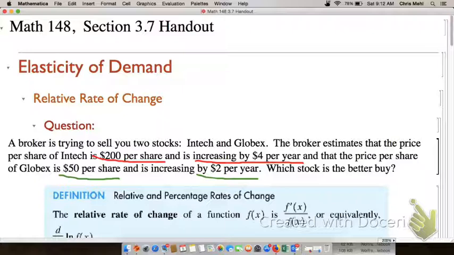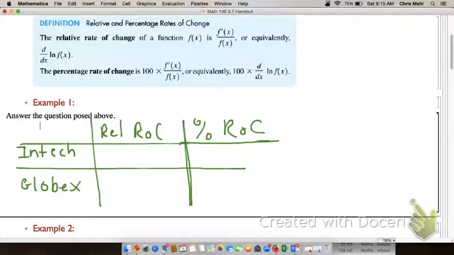But without having to do any of that calculating or reasoning, we can define what's called a relative or percent rate of change. Okay, so definition. There are two forms of each of these, but first of all, the relative rate of change of a function f of x, or a quantity, for example the value per share of the stocks, is the derivative f prime of x divided by f of x.